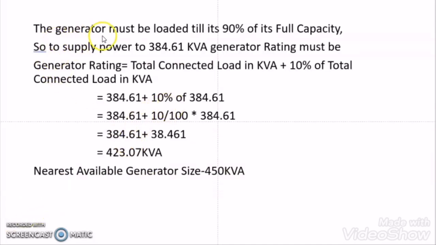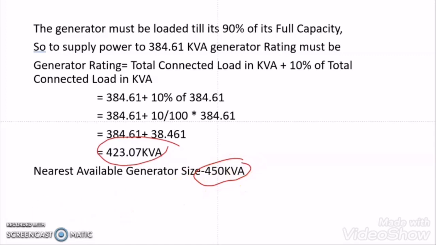So the generator rating will be 423.07 kilovolt ampere. The nearest generator available for this rating is 450 kVA.